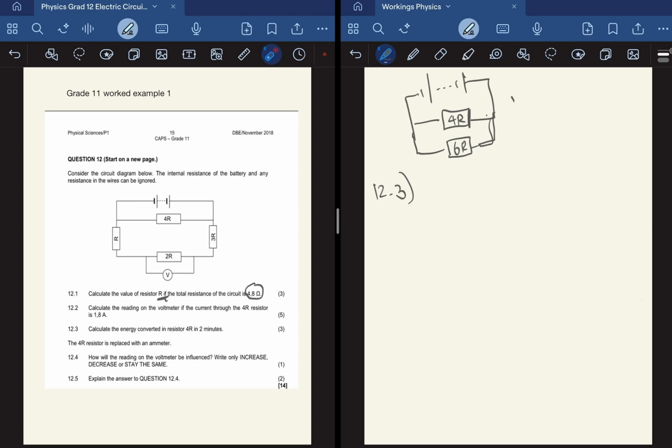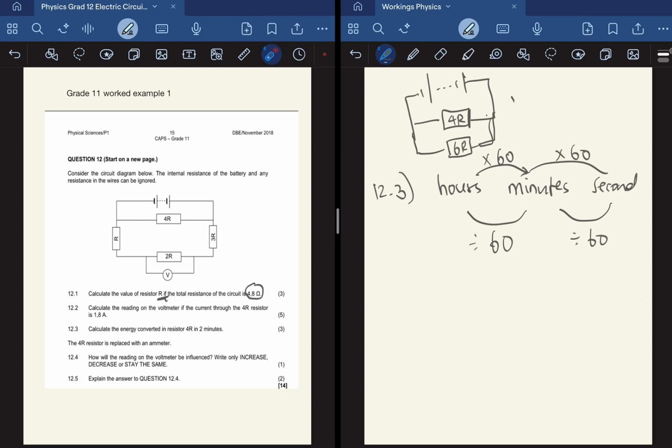The first thing to notice is that it is given in minutes and we deal with seconds. Time is measured in seconds. Going back to our conversion of hours, minutes, and seconds: to move from seconds to minutes, you divide by 60, and when you go the other way, you multiply by 60.